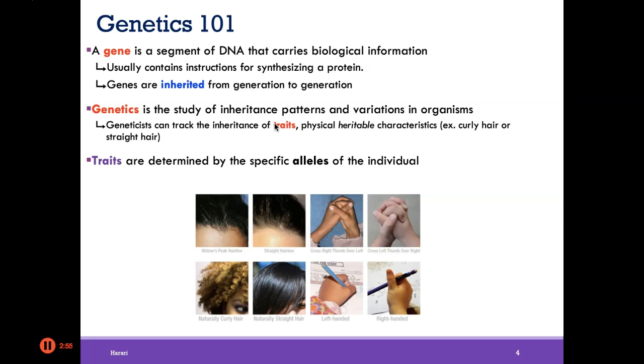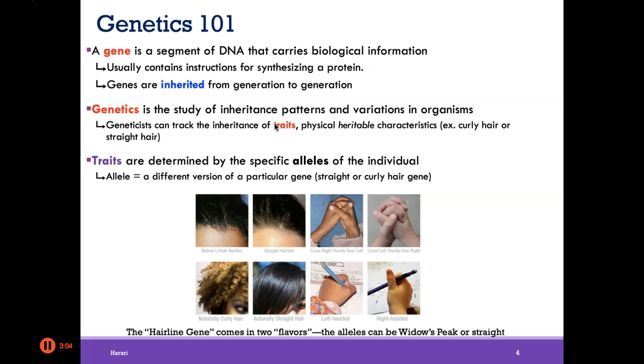And the physical traits are determined by the specific alleles of that individual's genome. Remember that an allele is a different version of a particular gene. So, and I'm going to make this a little simple, we all have, let's say, a hair gene, right? And there are two possible alleles. You can either have straight or curly.